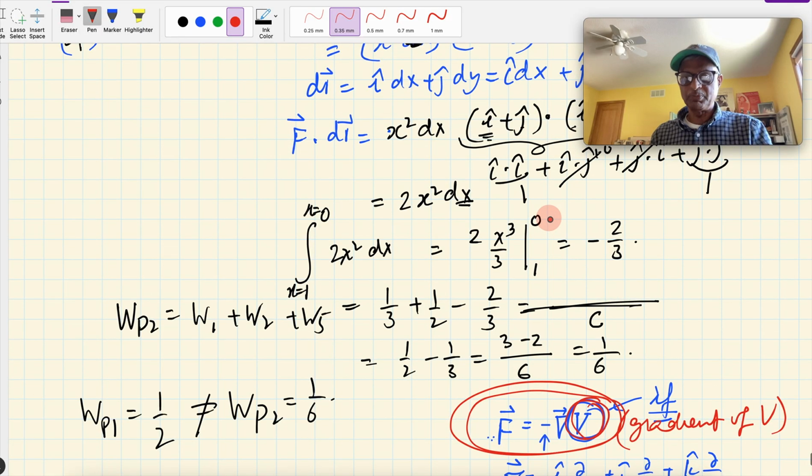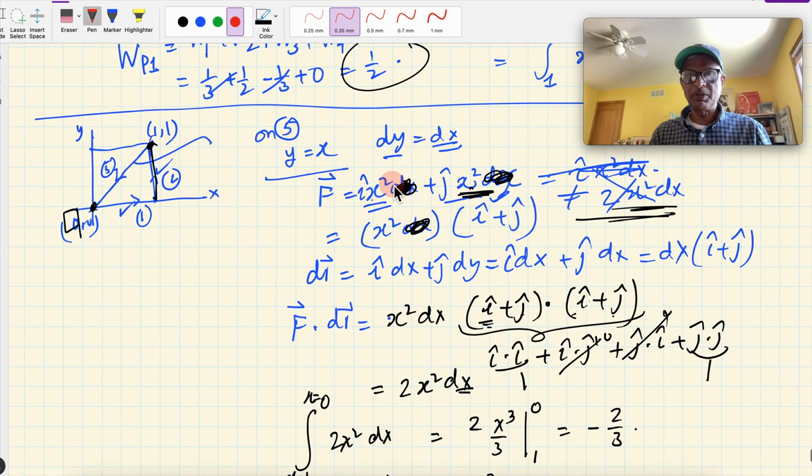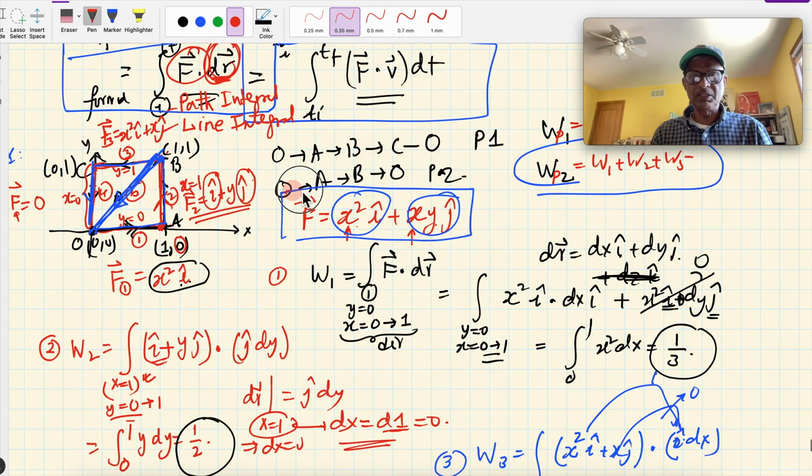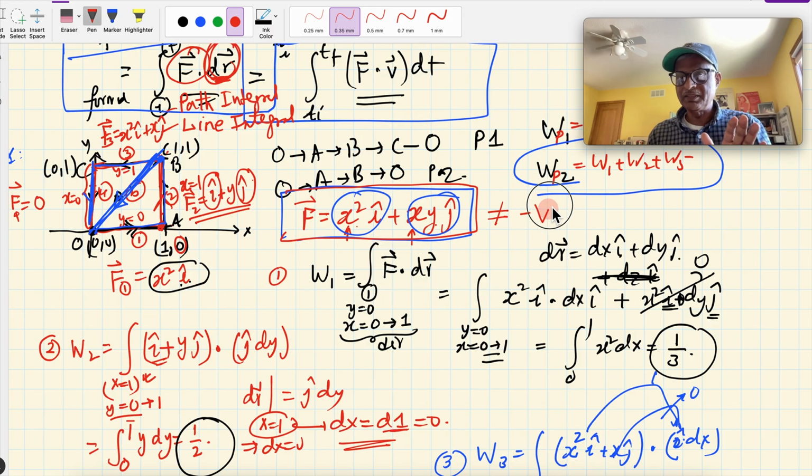So if you go back to the force that we worked on a little bit earlier, this force is not minus del V of any V, and that's why it is path dependent.